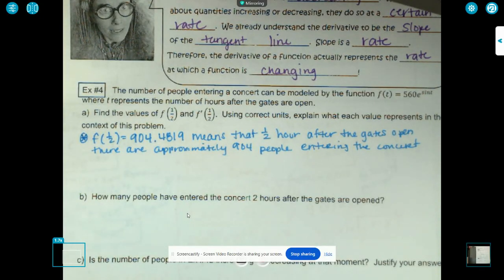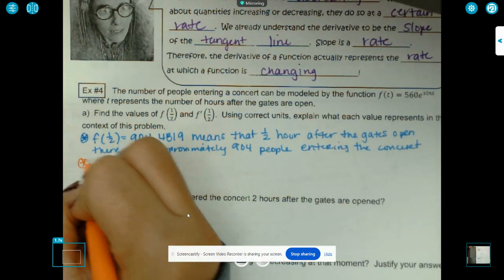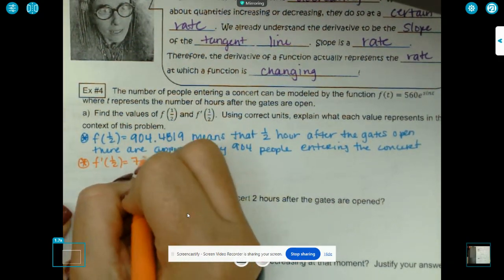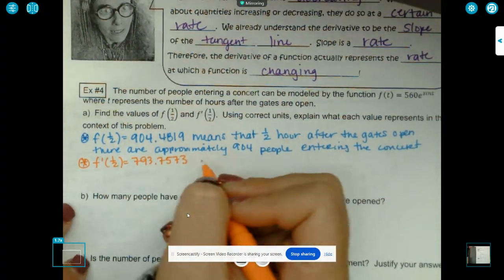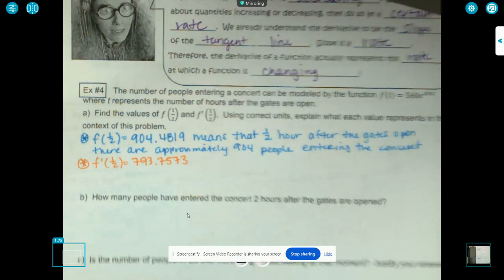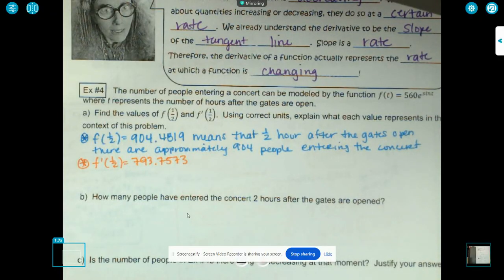All right, what do we get for the derivative? 793.7573. Okay, so what does that mean? It's our rate, right? What type of rate is it? Increasing or decreasing? It is increasing.